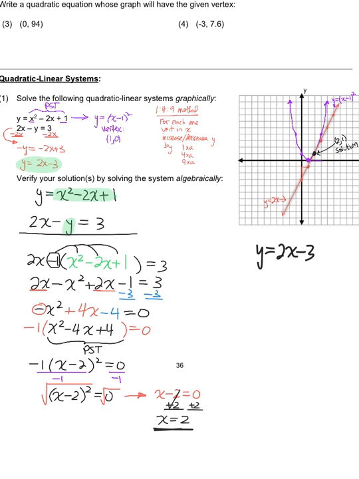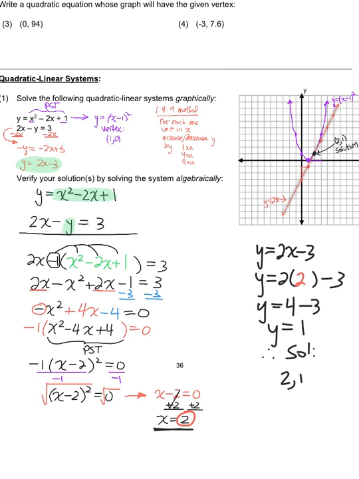And so now I know that x is equal to 2, so y is equal to 2 times 2 minus 3, in which case I get y equals 1, and so therefore my solution to the quadratic linear system would be the coordinates (2, 1), which is what we came up with graphically.